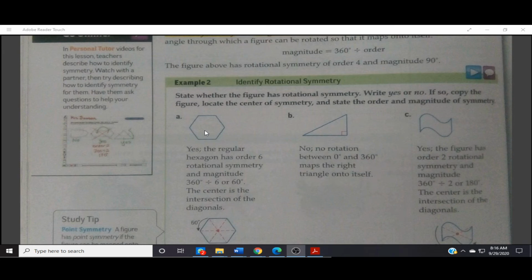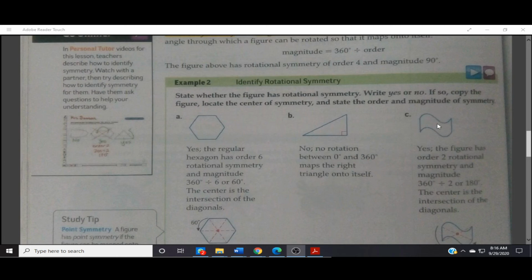So it has a magnitude of 360 degrees divided by 6, or 60 degrees from the center. This shape does not have an order of symmetry or a symmetry of any value, so this would not have any. Another example, this figure right here has 2 symmetries.